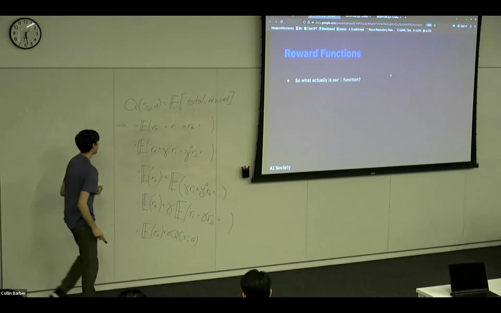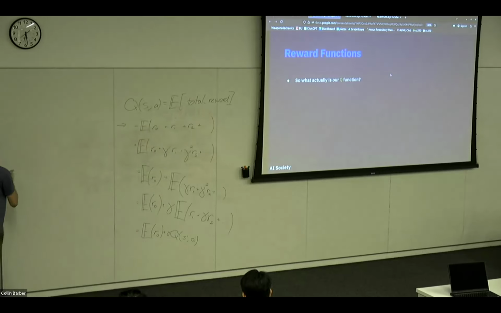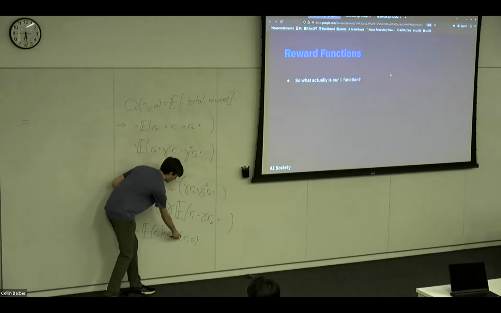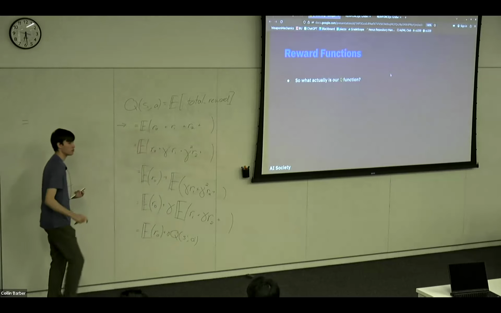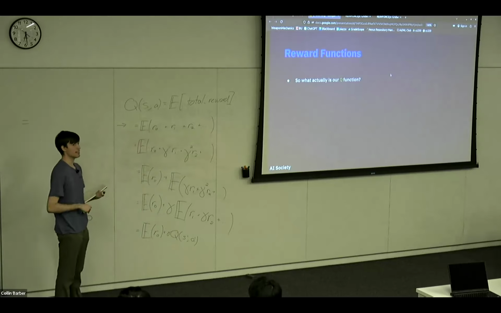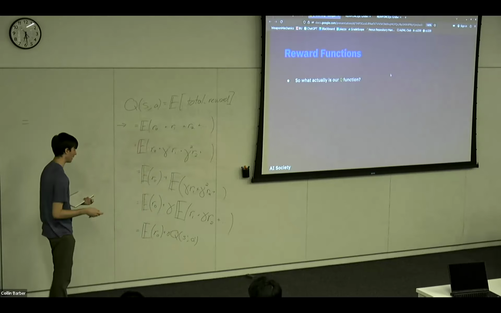So we do have to add one more thing to get us to what's called the Bellman equation. What we want is to actually take the maximum of our next states, right? Because at every single time, we're trying to predict the next best action, so we're always going to do an argmax.